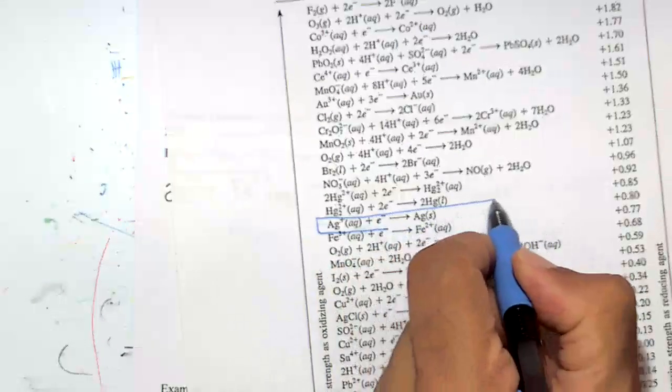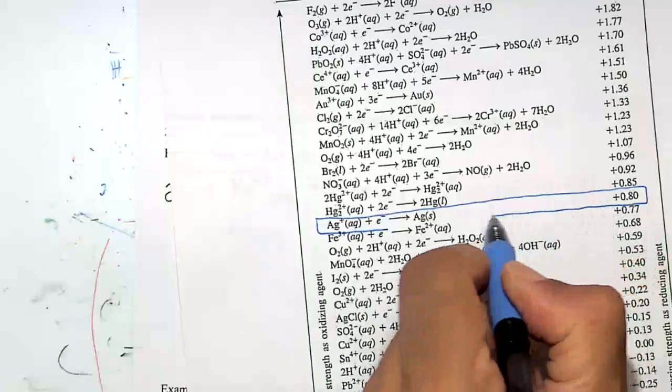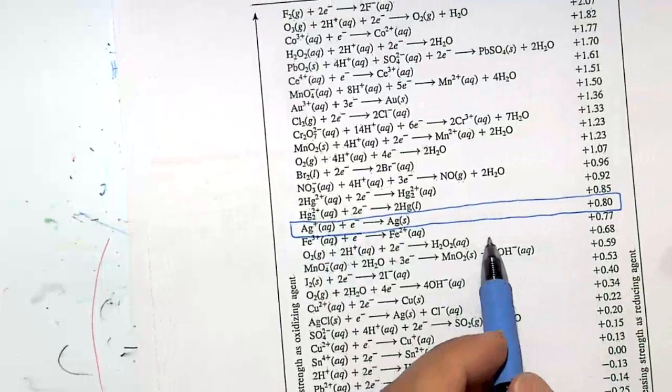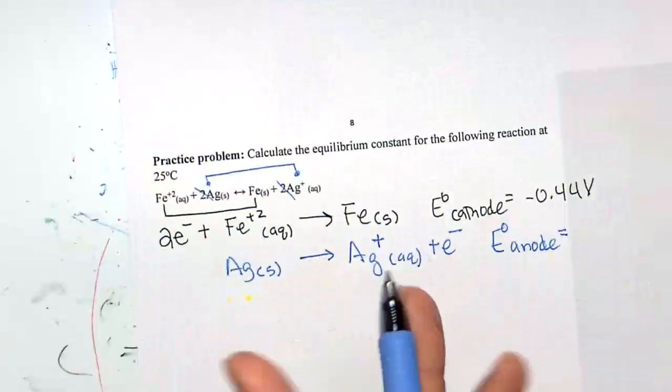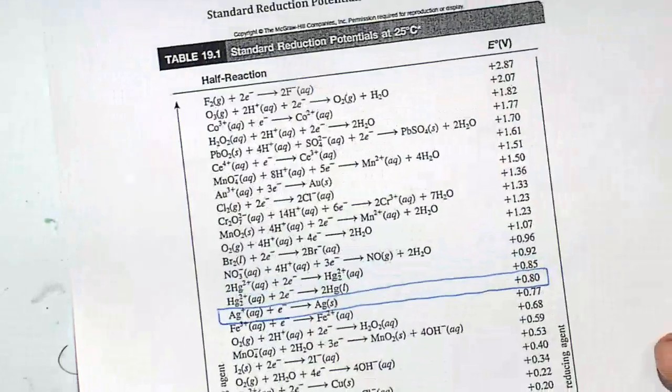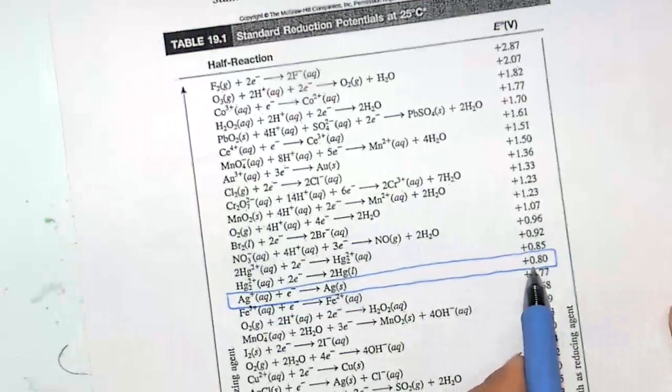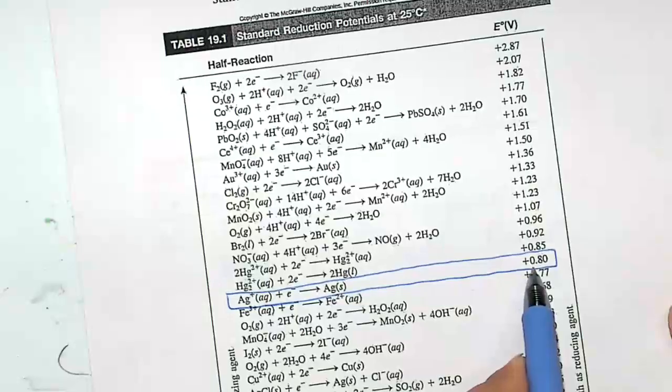Is it 0.80? What do we need to do? We flipped it. So when we flip it, what will it become? Not positive 0.80, but negative 0.80. Okay, so this becomes negative 0.80.